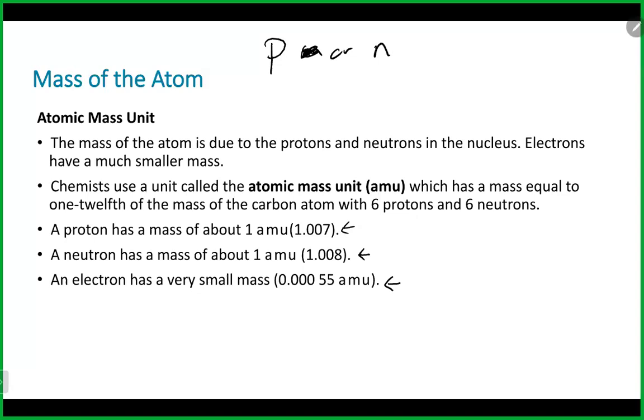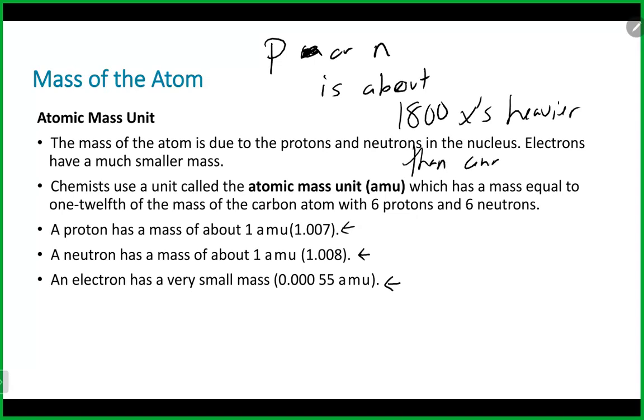Essentially, a proton or a neutron is about 1,800 times heavier than any electron. So the electron is the least massive of all three of those subatomic particles. It is the lightest particle.